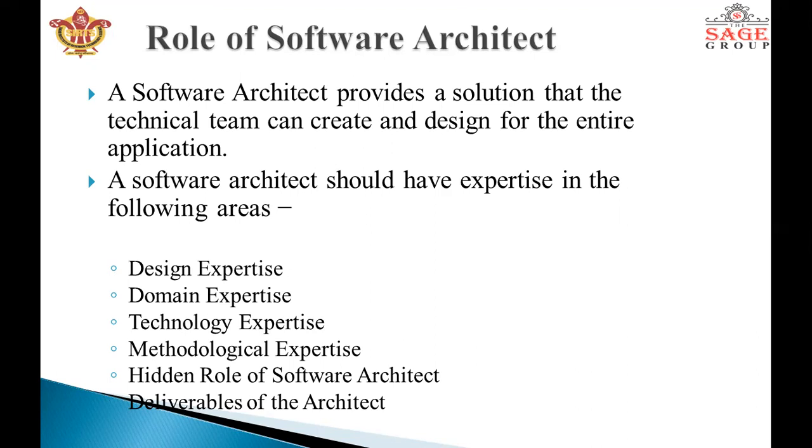So the software architect should have the expertise in the following areas: design expertise, domain expertise, technology expertise, methodological expertise, hidden role of architect expertise, and also deliverables of the architect.